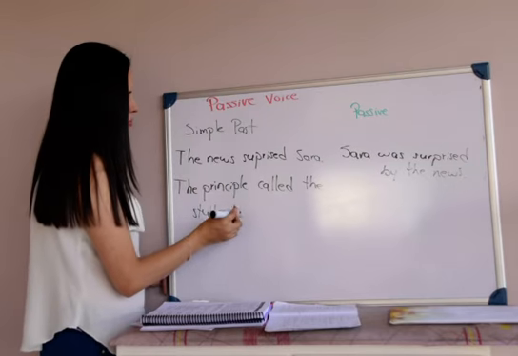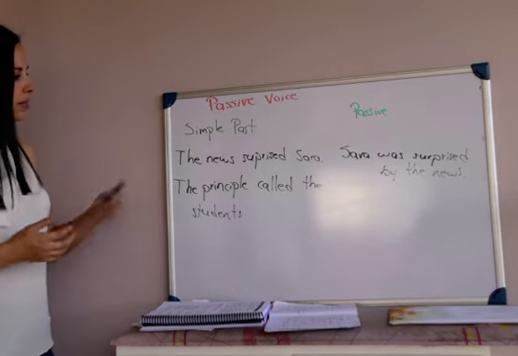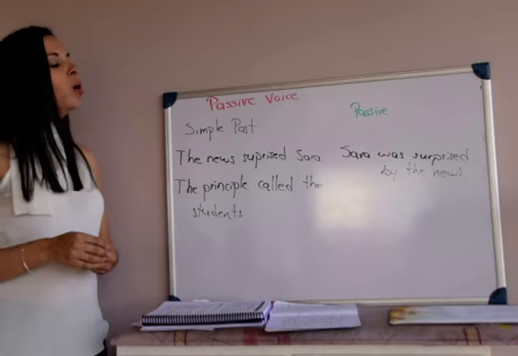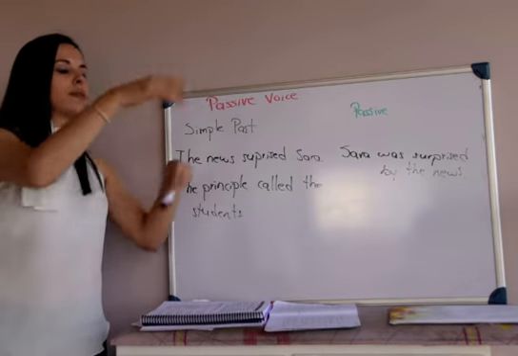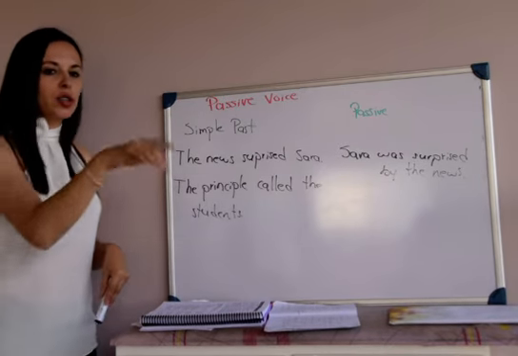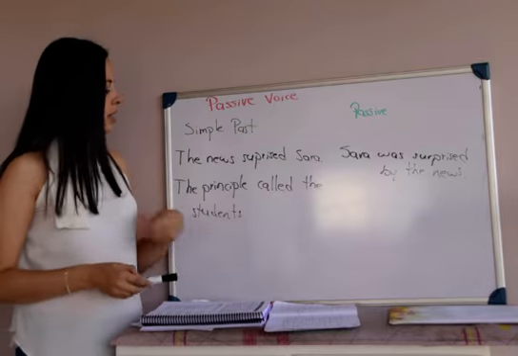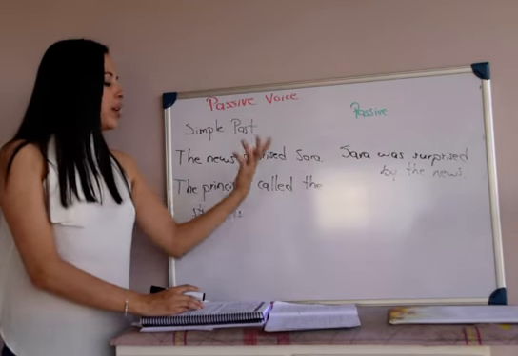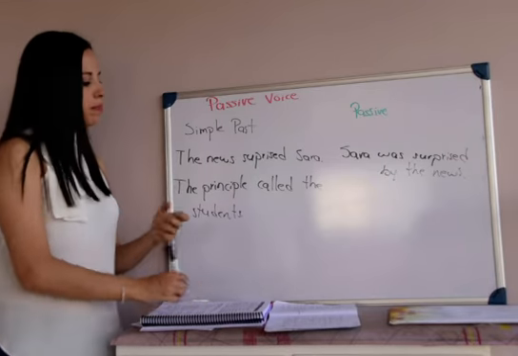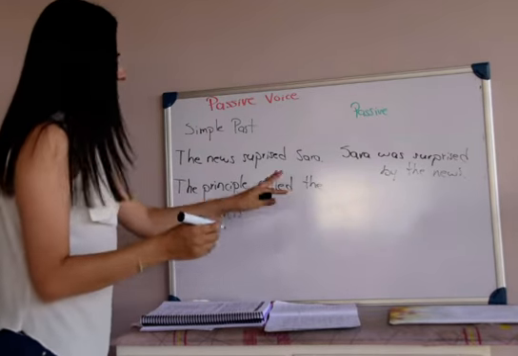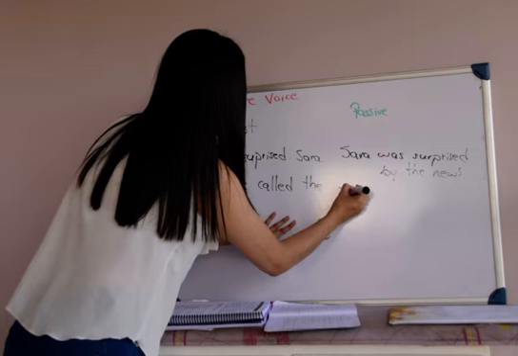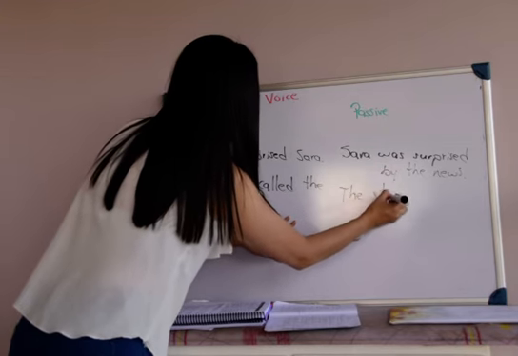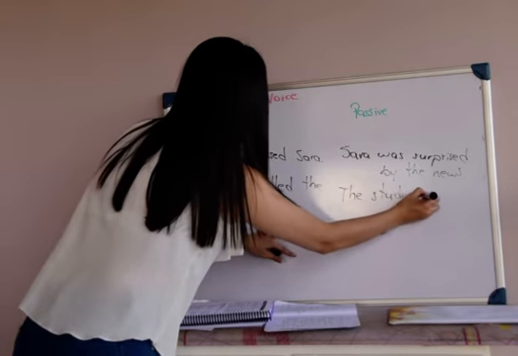Very simple example, simple past: the principal called the students. Okay, so guys, class, come here, I need to talk to you. The principal called the students. If I want to emphasize that the students were the ones who received the call of the principal, we just move that to the beginning and we say, the students.